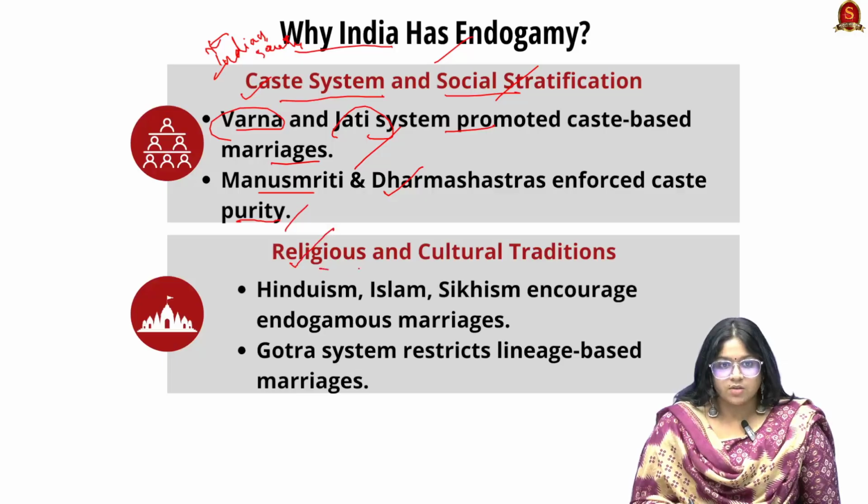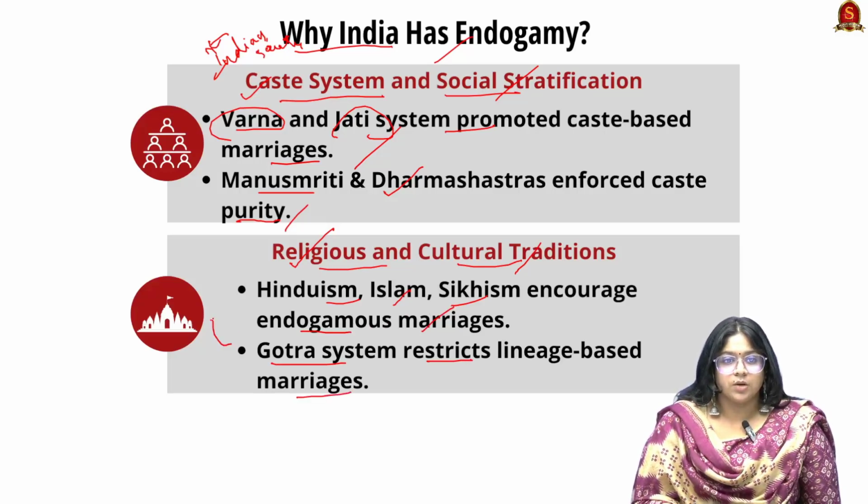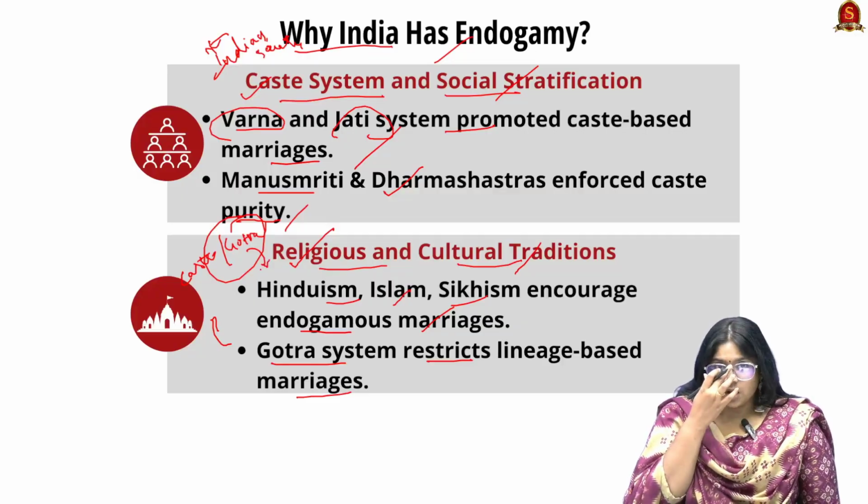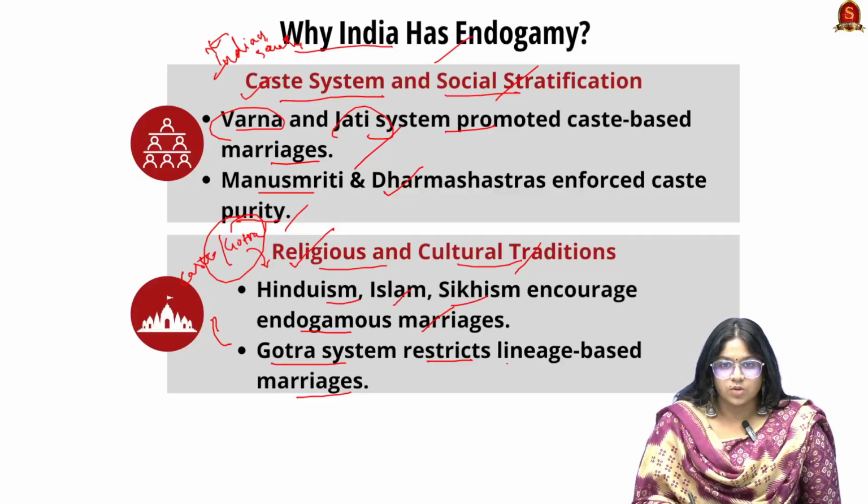Then the next factor would be religious and cultural traditions. Many religious groups such as Hinduism, Islam and Sikhism encourage endogamous marriages. The Gotra system restricts lineage based marriages. Here we need to see the difference between caste and Gotra. People linked through Gotra are linked through lineage or an ancestral system, so people from different castes can be in the same Gotra.